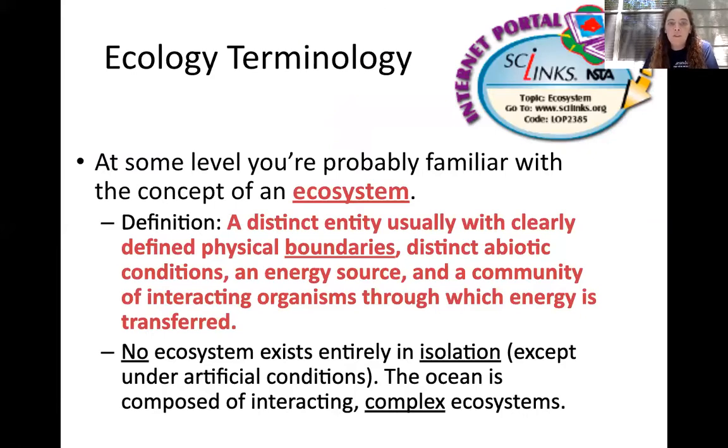So an ecosystem, our definition of that, to remind ourselves, is a distinct entity, usually with clearly defined physical boundaries, distinct abiotic conditions, so looking at temperature and water types, and then their energy source, which our deep water habitats want to have a different energy source, as well as the community of things that live there.